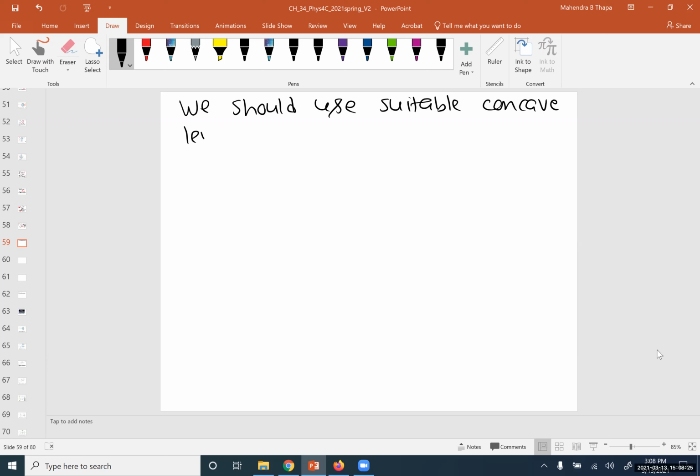Okay, so what do I mean by suitable concave lens? Let's draw the rough picture of the eye. So this is my eyeball or eye lens, and this is my principal axis.